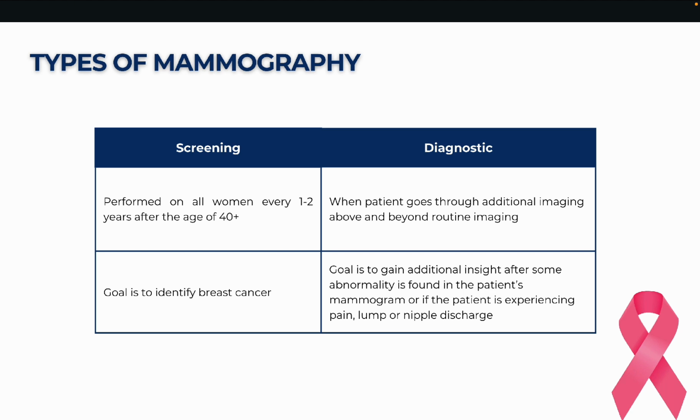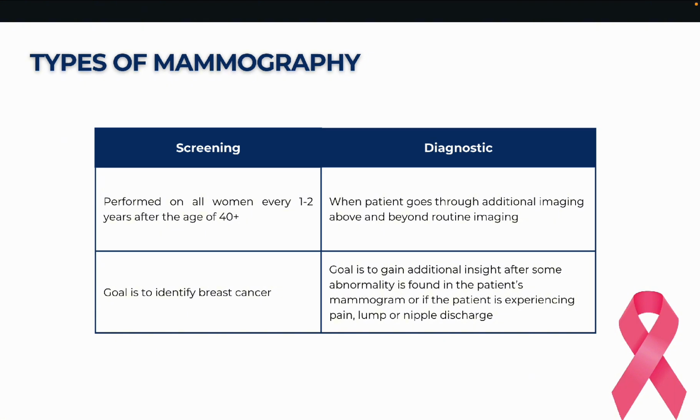The goal is to gain some additional information to see if the person has breast cancer. There are certain factors that contribute towards it. For example, a patient might have pain in the breast, or there might be a lump in it, or nipple discharge, which are clear indicators that the person might have breast cancer, or there are higher chances or risk of having breast cancer.